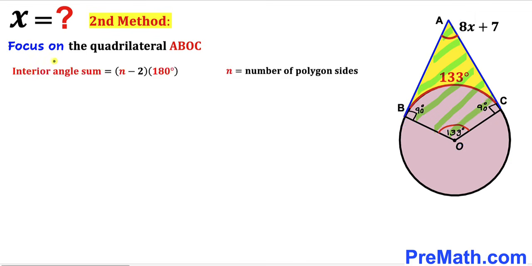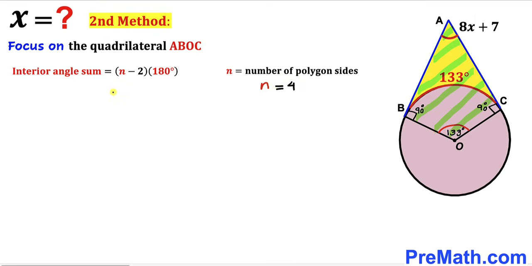Now let's recall the interior angle sum formula. The interior angle sum is always equal to n minus 2 times 180 degrees, where n represents the number of polygon sides. Here we can see there are 4 sides of this quadrilateral, so n is going to be equal to 4.